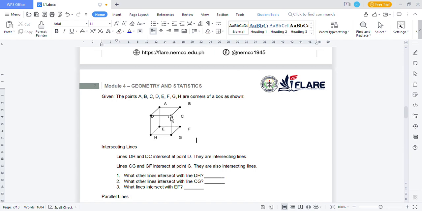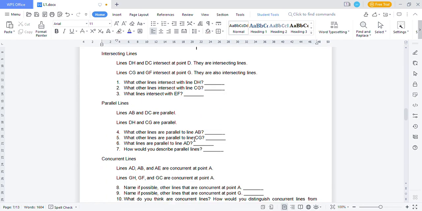Line CG and GF meet at point G here, so they are also intersecting lines. As long as they meet, we call them intersecting lines. Here is another pair: line AB and line AD intersect at point A, and they are intersecting lines. That is how you find intersecting lines.